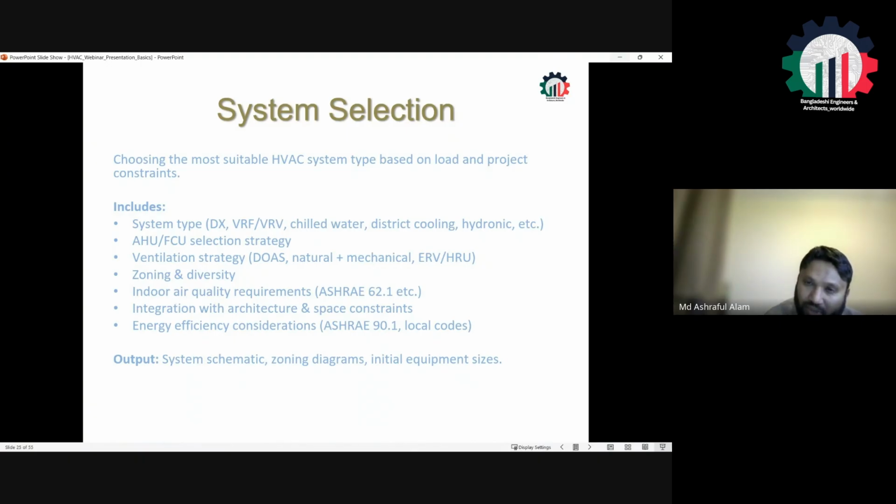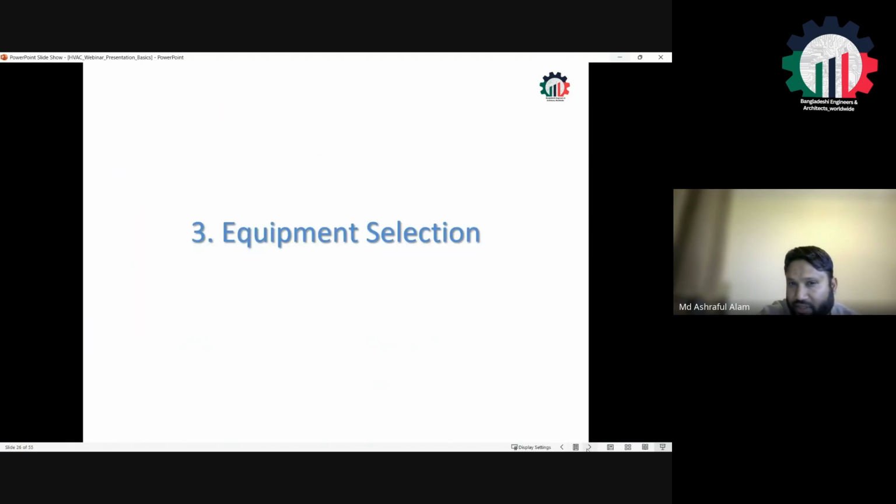So the spaces required for the ducts and pipes of the HVAC system have to be properly coordinated with the architecture, for the architectural aesthetic perspective as well as the space constraints. And we need to think about the energy efficiency for the whole building. This is very important nowadays. So this is what we need to consider for the system selection.